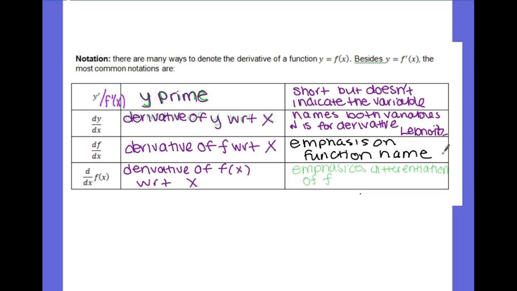What's the D other than derivative mean? Does the D just mean derivative? Yes. So when you're saying y with respect to x, you're meaning that your y is dependent on what your x is. So how does the f change?